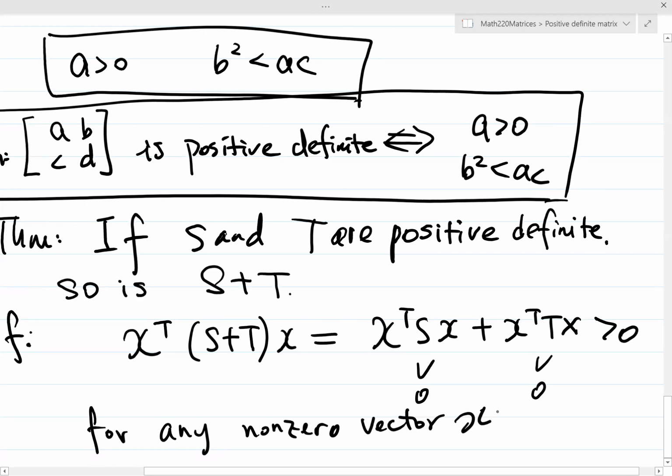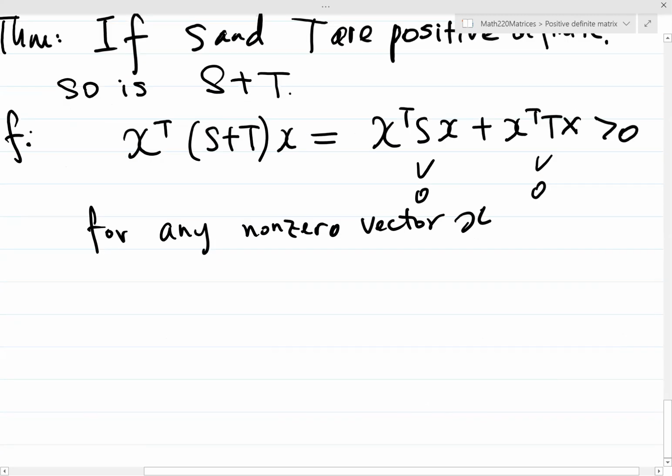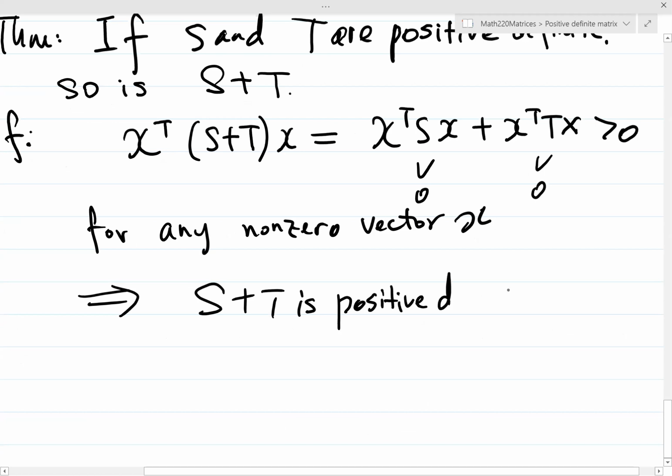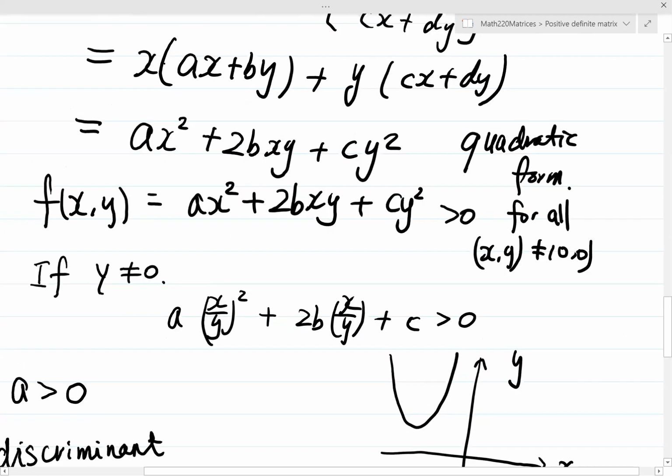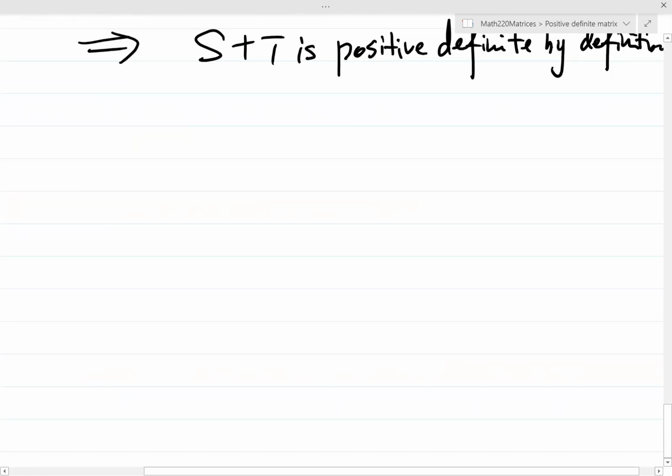So this tells us that S plus T is positive definite by definition. So the sum of two positive definite matrices is again positive definite. That's easy.